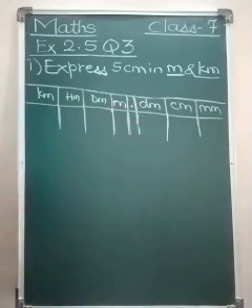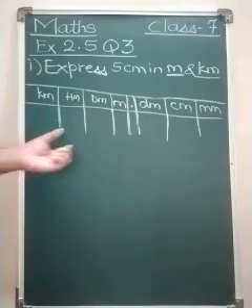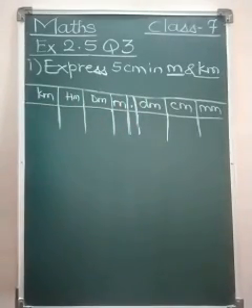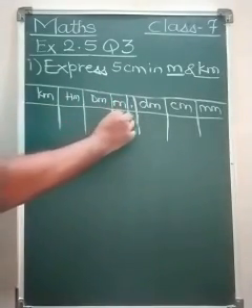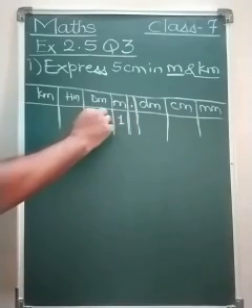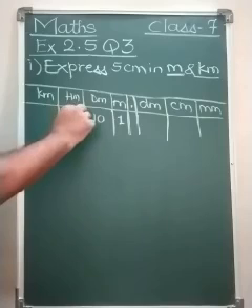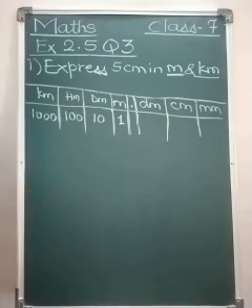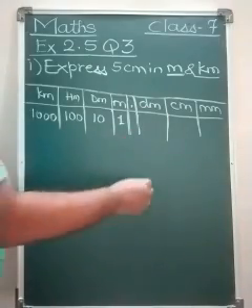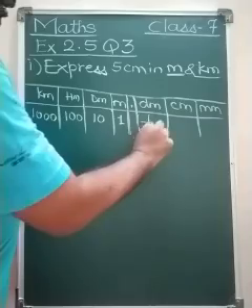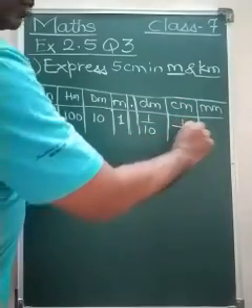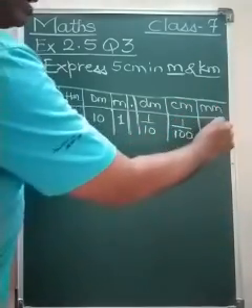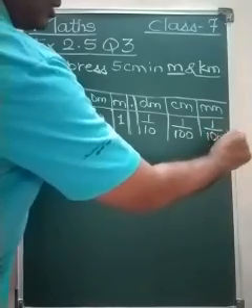Now this is nothing but the place value system. Here is the ones place, here is the tens place, here is the hundreds place, and here is the kilo, meaning thousands place. Decimeter means 1 upon 10 place, centimeter means 1 upon 100 place, and millimeter means 1 upon 1000 place.